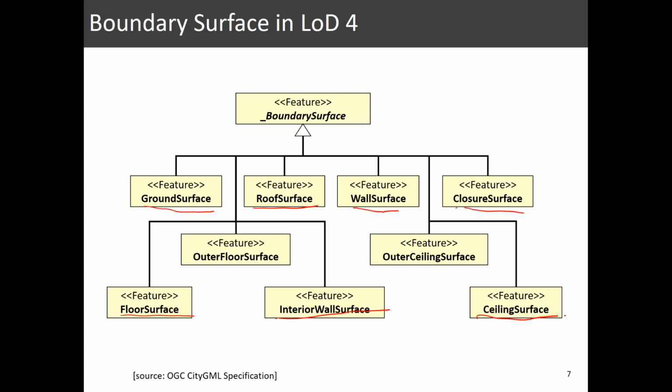Closed surface is a kind of virtual surface. For example, if you want to make a virtual wall to separate one single room into two sub areas, then you can use the concept of a closed surface, and outer floor surface and outer ceiling surface and so on. These are the types of boundary surface in an LoD4.